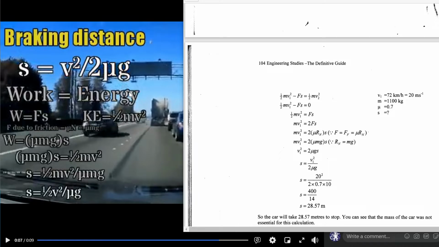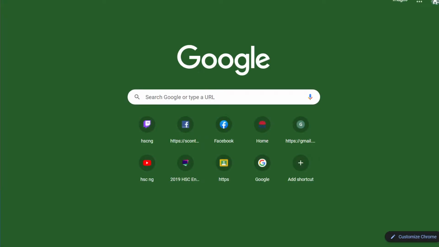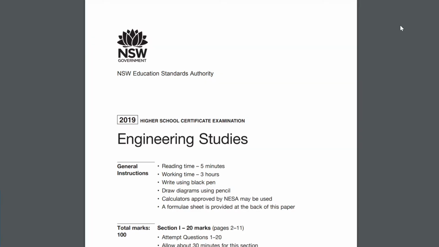A formula for work is F s, and the formula for energy is K equals half m v squared. I do sometimes mention the actual past papers. Let's go with this one.